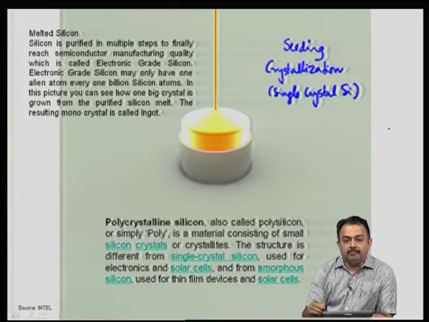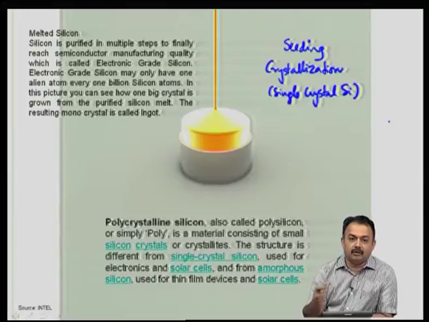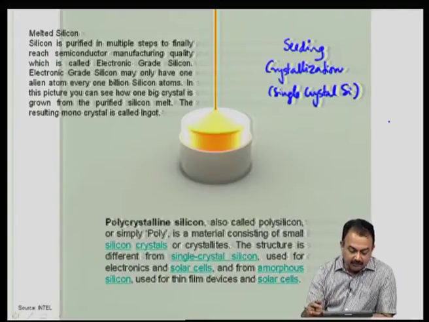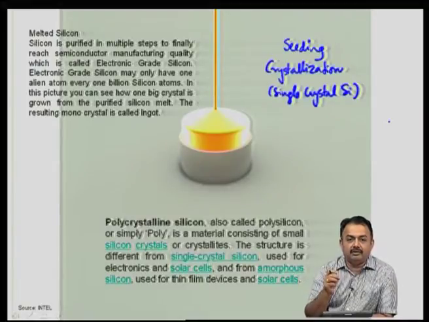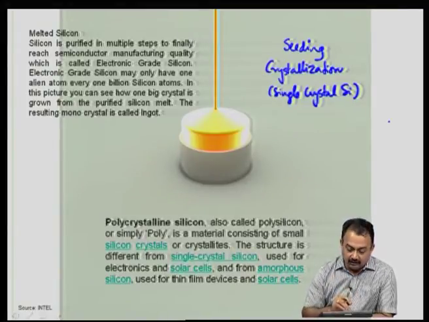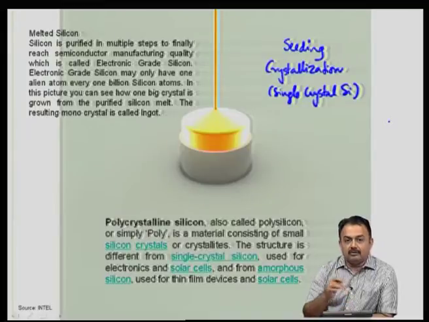So, the electronic grade material, after it has been recrystallized a number of times from a lower grade until it has reached 99.999999999%, eleven nines purity, you try to melt it, then introduce a very pure crystal of silicon, of equivalent percentage purity, then allow it to cool slowly.